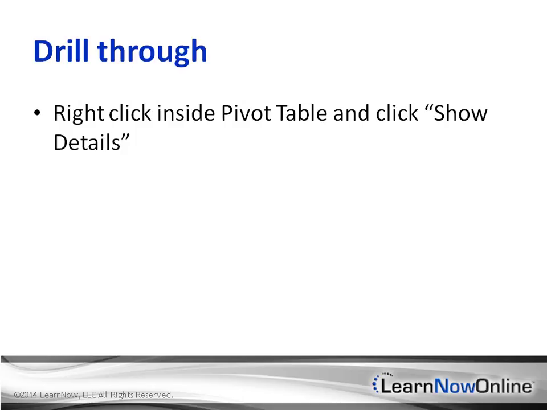It's called actually show details, which once you click show details, takes you to a new worksheet. It creates a new worksheet for you. You're probably thinking, well, I already have that already with the Quick Explorer. Yes and no. They're very similar, but in this case, you can't undo with Control-Z. That said, let's go ahead and take a look at a demo with drill through.